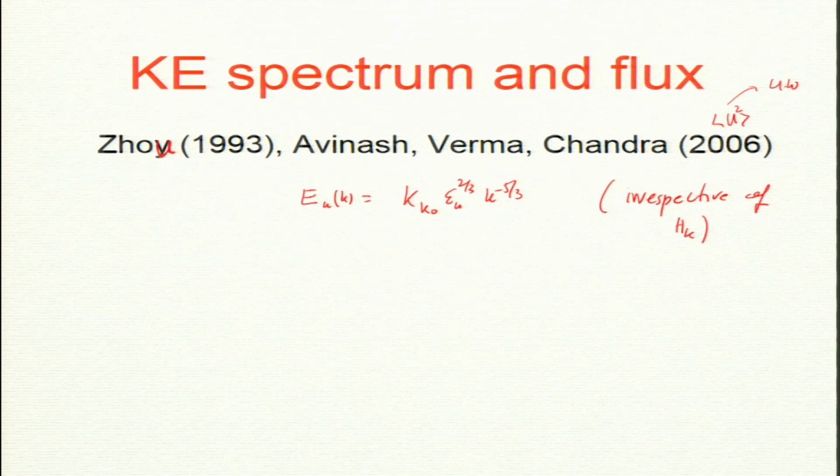I have not proven it for this statement, and the flux will be the same as what it was without helicity. So, energy only decides the flux, helicity does not. For kinetic energy flux, it is the same constant approximately. Now, what about kinetic helicity flux and spectrum, which Kolmogorov theory did not say anything about?